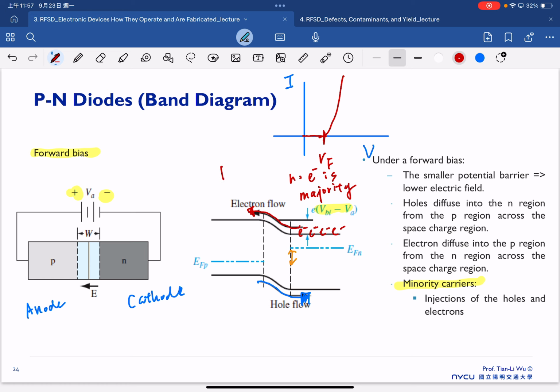And in the P region, which one is the majority? The hole is the majority. By the way, it's better to use the PN diode to understand the concept of majority and minority, because usually when we talk about majority and minority, it's at the time when you learn the BJT, bipolar junction transistor. Because the bipolar junction transistor is completely dependent on the minority carrier behavior.